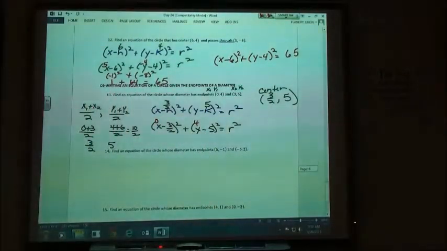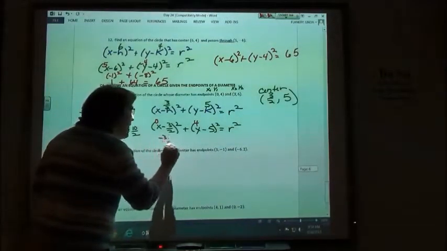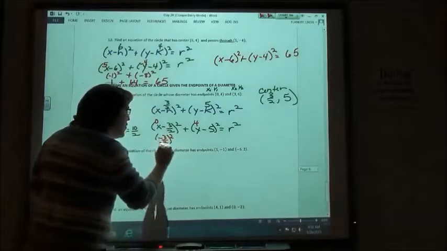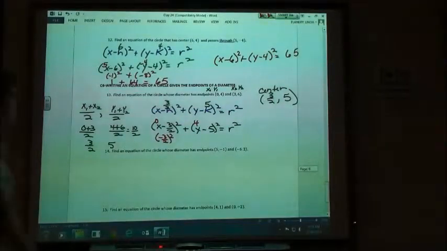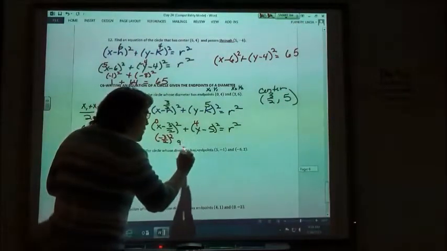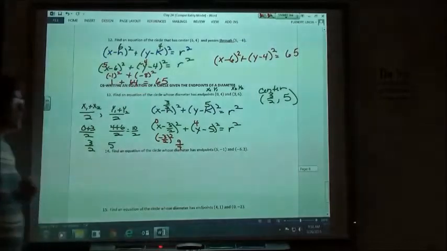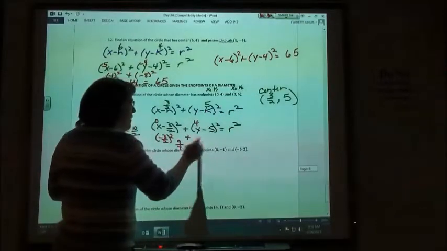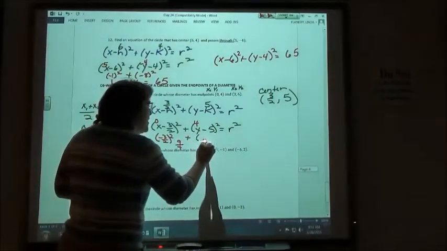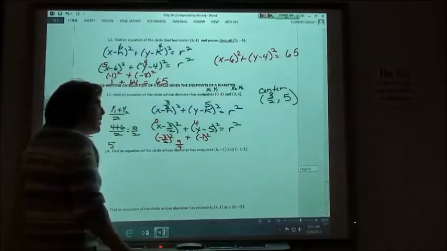So 0 minus 3/2 would be a minus 3/2, but then we have to square that, right? So a negative 3/2 times a negative 3/2 is going to be a positive 9 over 4. Right? 3 times 3 is 9 and 2 times 2 is 4. Plus 4 minus 5. 4 minus 5 is negative 1, and we can do negative 1 squared.